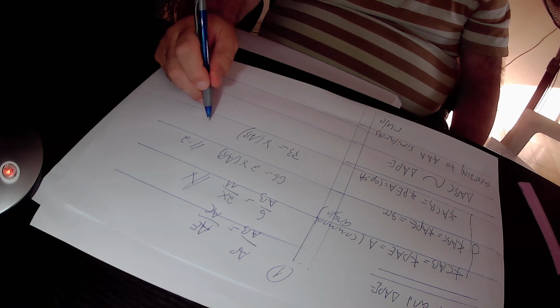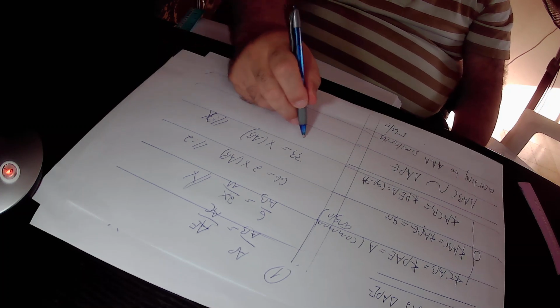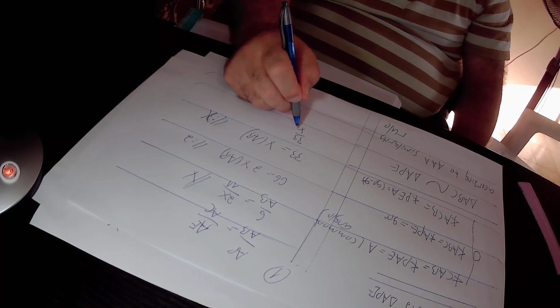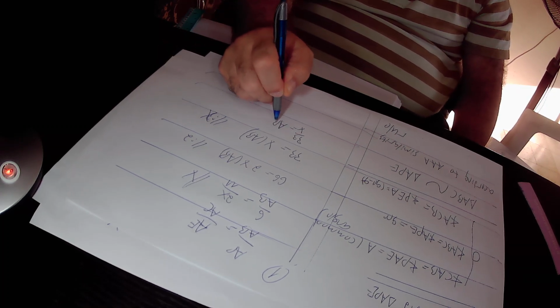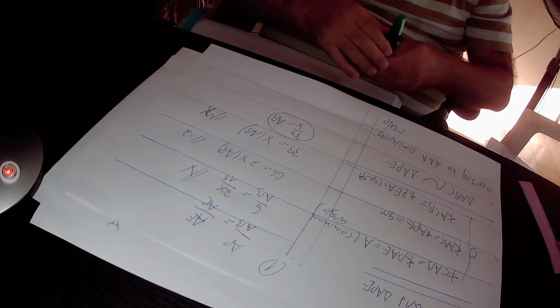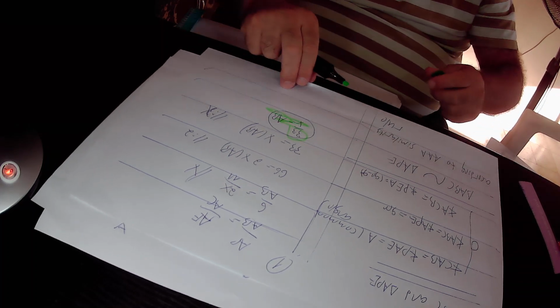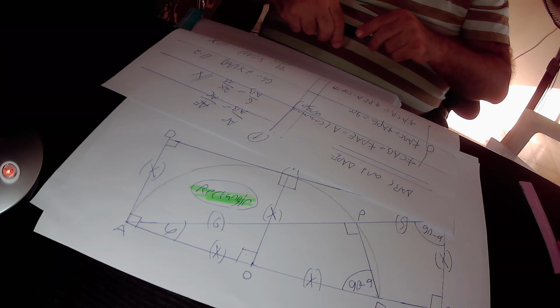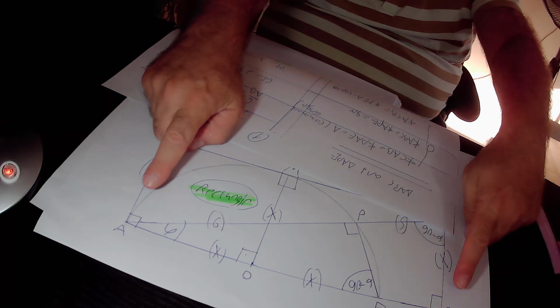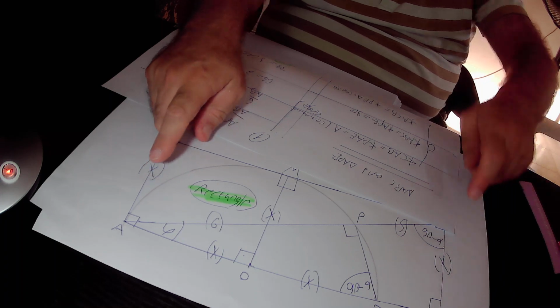Here we divide this equation by x, and we get that 33 over x equals AB. So AB equals 33 over x units in its length. Actually, this is side AB of rectangle ABCD, and it is equal to 33 over x units in its length.